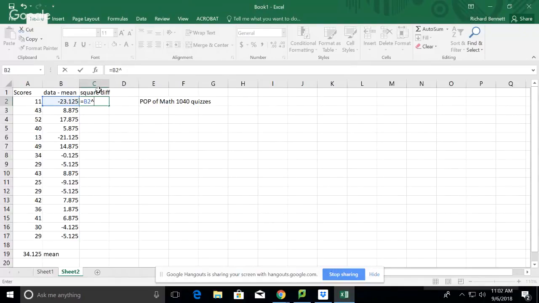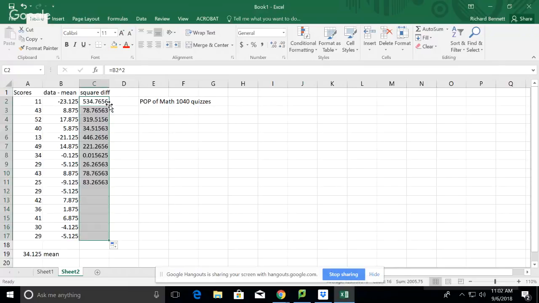Do I need to F4 any of those? No. Okay. Then what? Copy and paste. You can double click here. By the way, if you learn all the shortcuts, you won't spend 8 hours in the testing center.